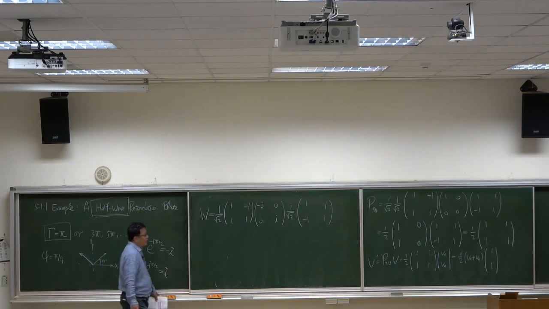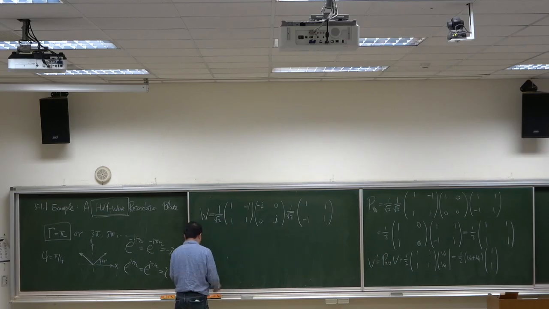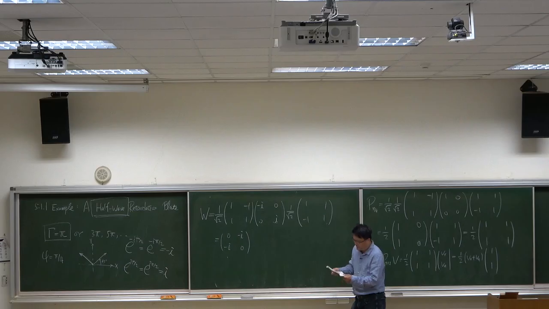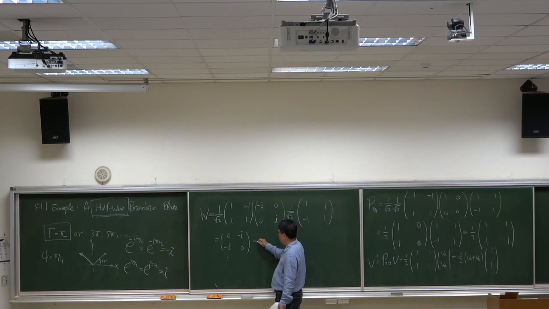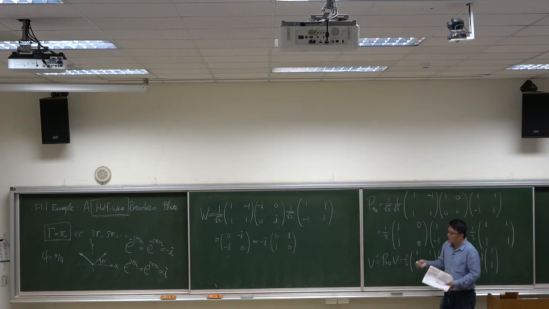Okay? So here we have this minus i, and you can multiply them to get the final matrix 0, 1, 1, 0. You can see that here we can factor out the minus i and get the matrix 0, 1, 1, 0.